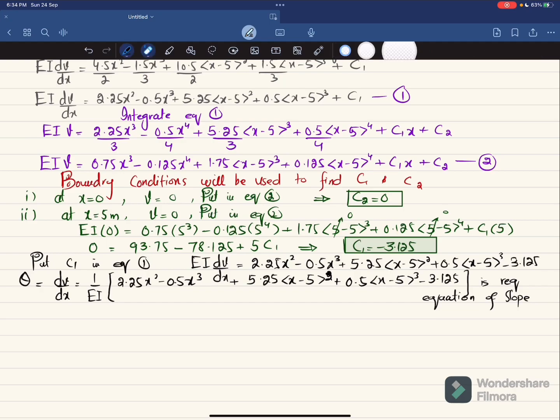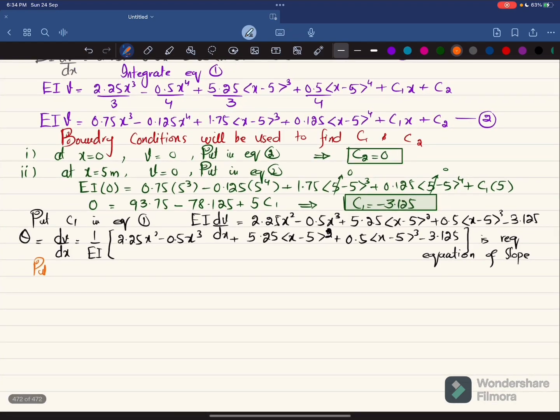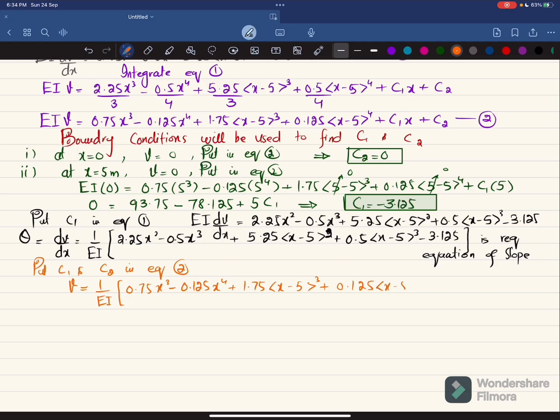Now what we will do is put C1 and C2 in equation number 2 and divide EI on both sides. So you will get V is equal to 1 over EI into 0.75 x cube minus 0.125 x power 4 plus 1.75 into x minus 5 whole cube plus 0.125 into x minus 5 whole power 4 plus C1x.